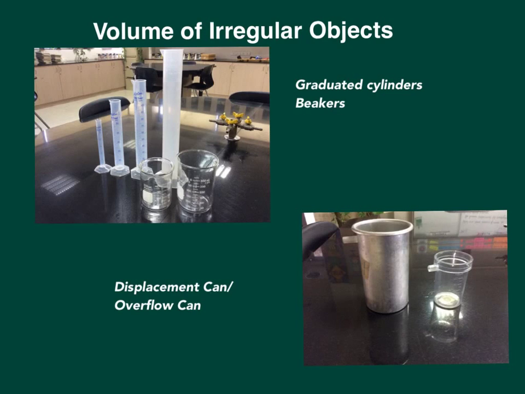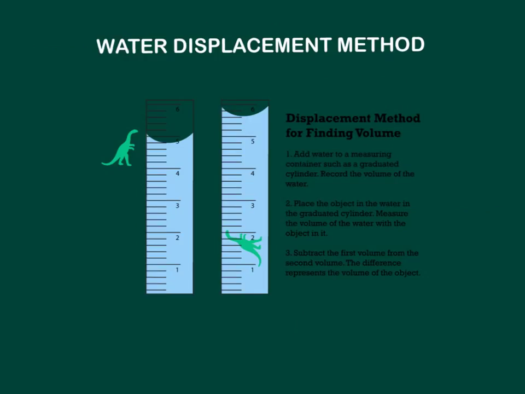We also looked at why beakers would not be a very accurate measurement tool. And we also used the displacement can or overflow can to measure the volume of irregular objects that wouldn't fit into the graduated cylinder. So to measure the volume of irregular objects, we use the water displacement method.